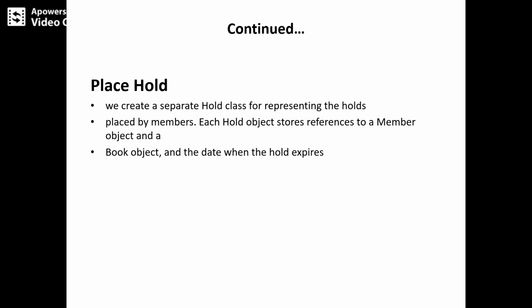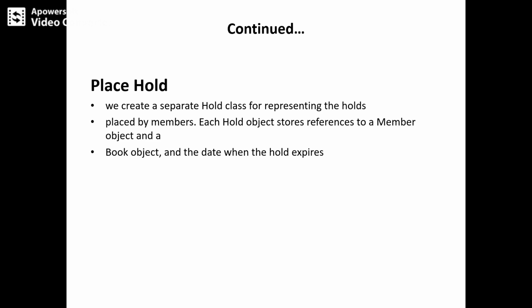How many days can a customer hold, that duration will be given: 1 week, 15 days, or 1 month. It all comes under the guidelines, or rules and regulations, framed by the library management system.